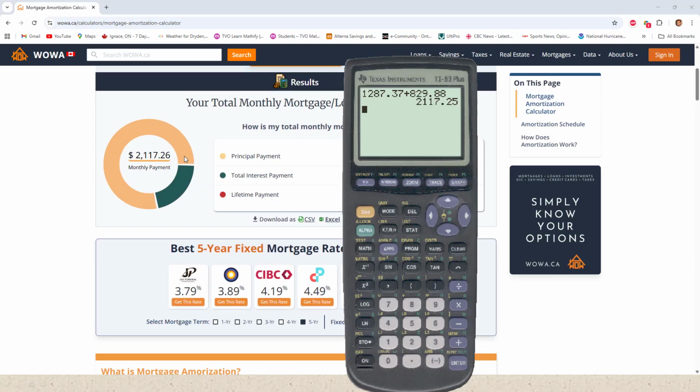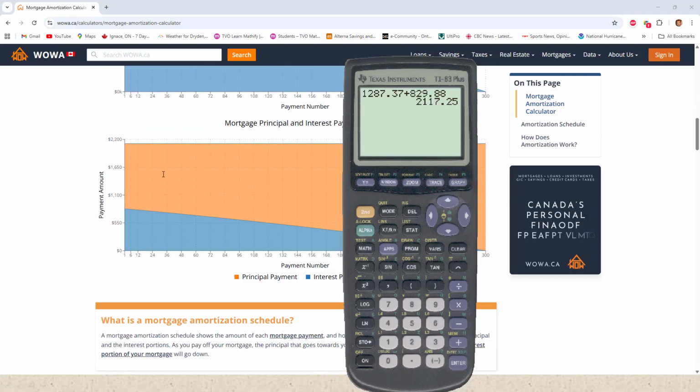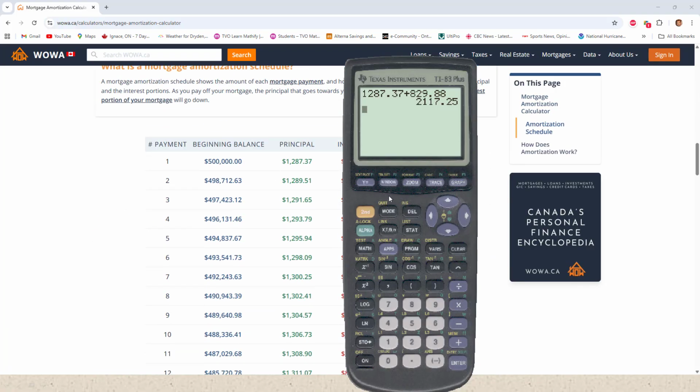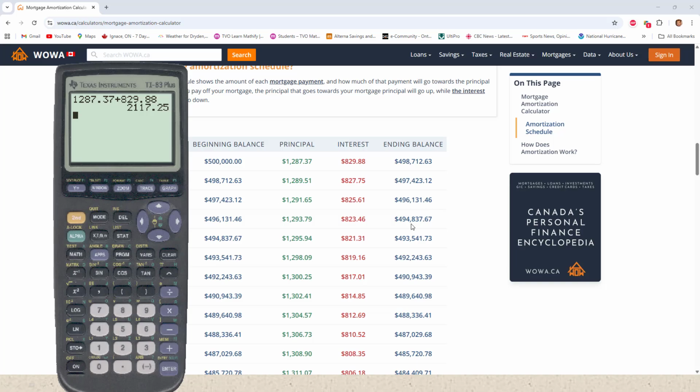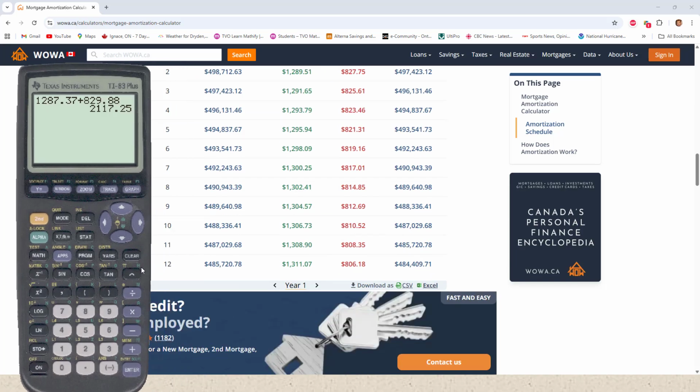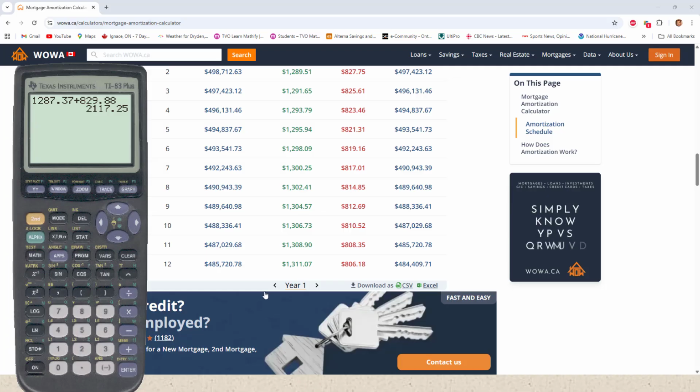See, it's only a penny off. That is the monthly payment. In fact, for any payment, let's say the 12th payment, if I add 1311.07, that's the amount coming off the balance of the loan, the principal, and add to that 806.18, see, that is still the monthly payment.